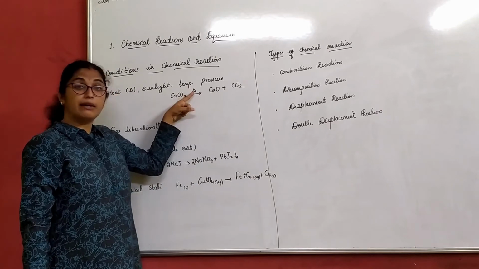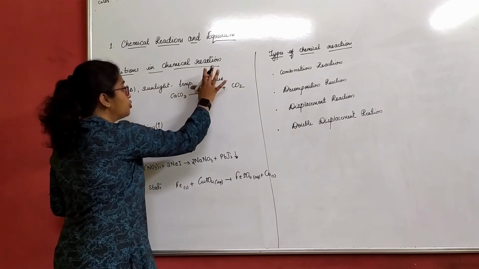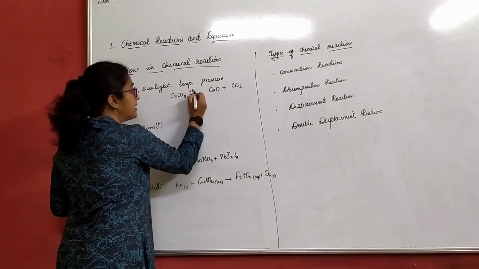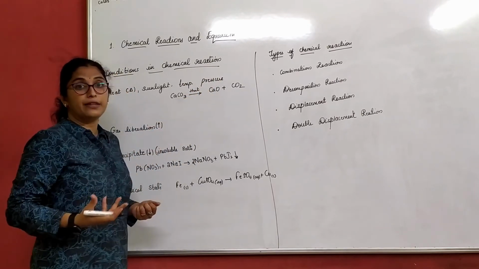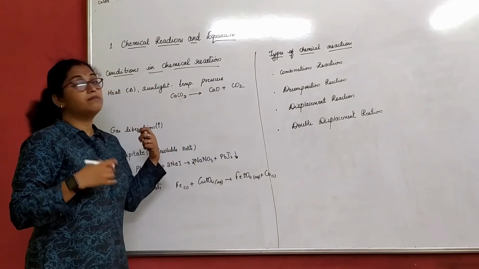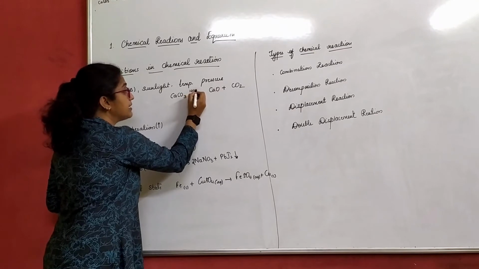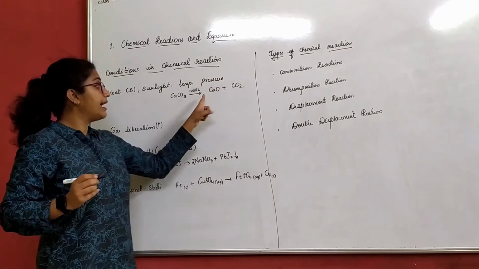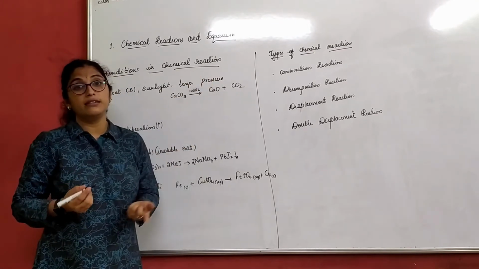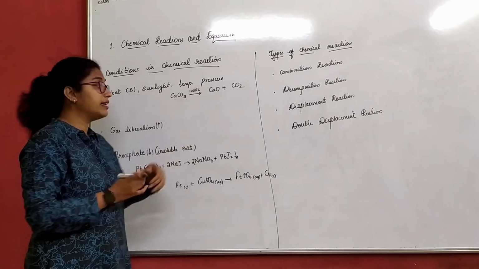This triangle I am writing is called delta. That is nothing but heat. If you don't want to write this, write heat. That is also fine. Otherwise I will say I am supplying a temperature of about 1000 degrees Celsius. Then I am getting calcium oxide and CO2, right?